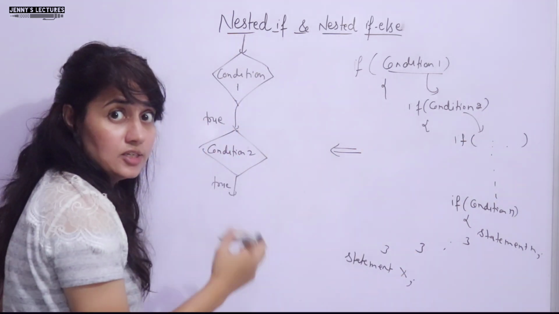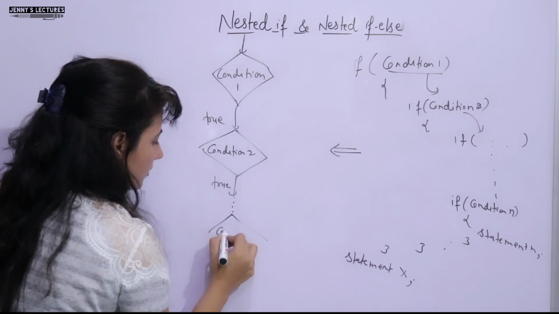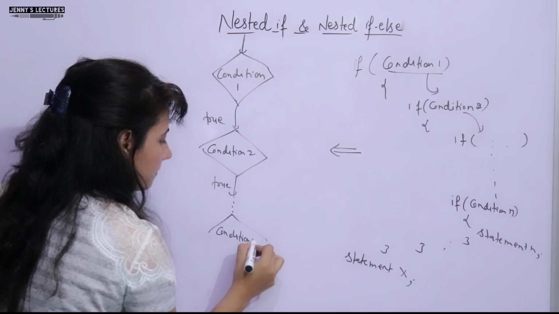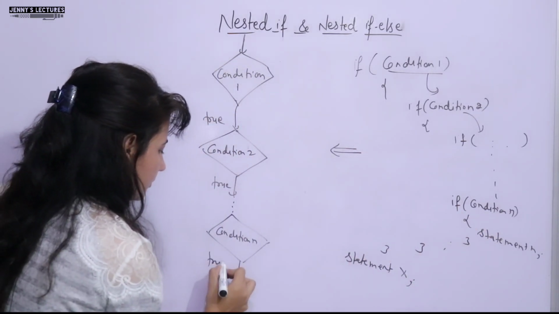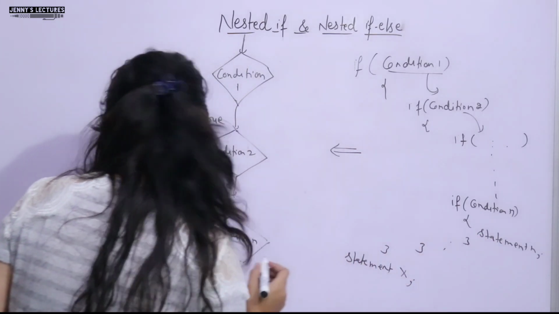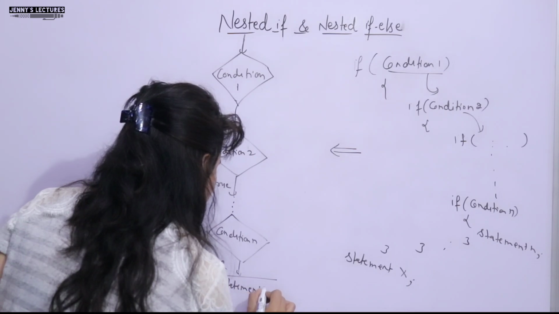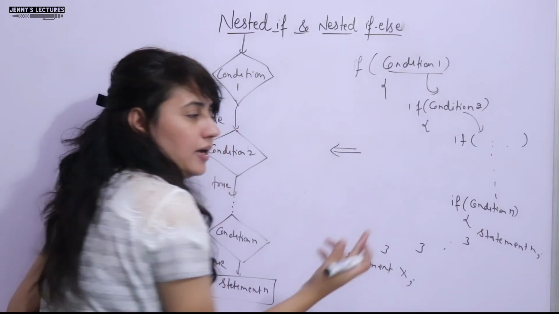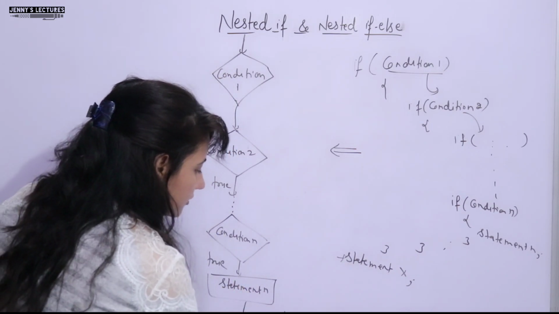Then condition 3 and so on up to condition n. Now if this condition is true, then statement n would be executed. And after statement n, obviously out of this if, and then statement x.